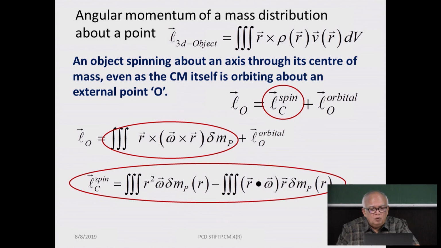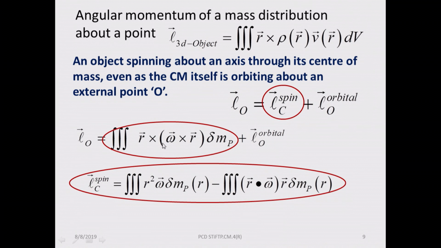And if you now expand this cross product, this is the vector triple product. There are two terms, one coming from r squared omega, and the other is when you subtract the (r dot omega) times r. So this is nothing but the expansion of this triple product. So you're looking at the spin angular momentum.